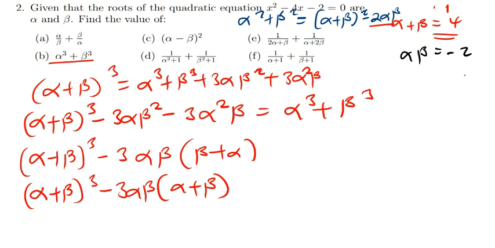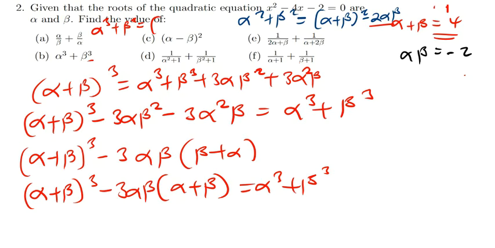So wherever you are going to find a question asking you to find alpha to the power 3 plus beta to the power 3, you always replace it by a formula.